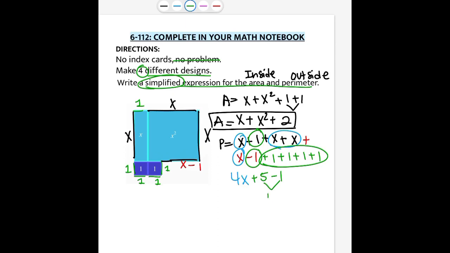Yes, I can, because 5 minus 1 is 4. And that is it. I can't combine it anymore. Even though these are both a 4, they're not alike because one has an x and one is just a regular number. So this is my final answer.